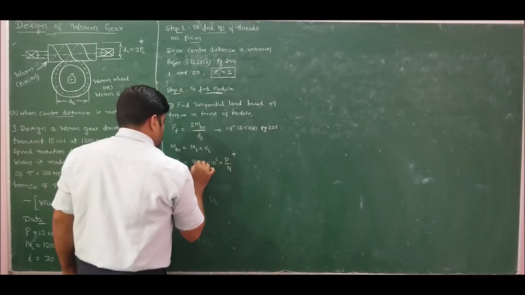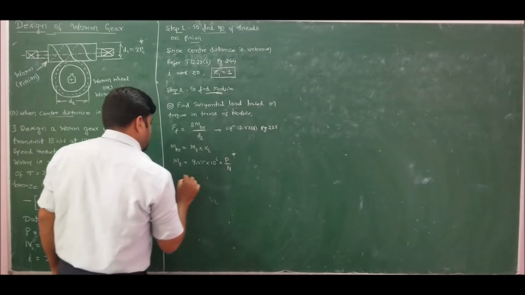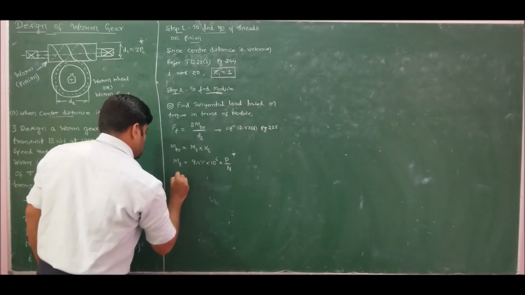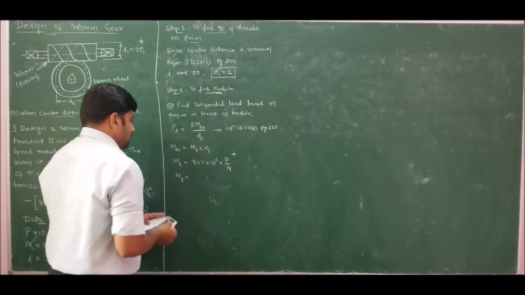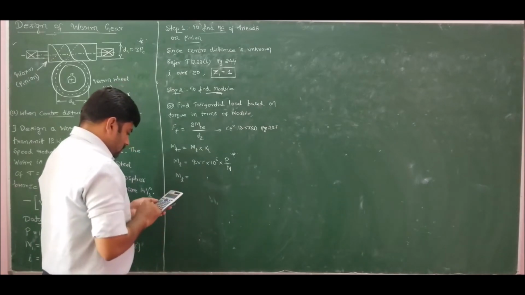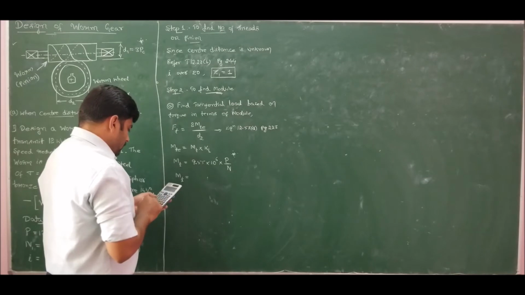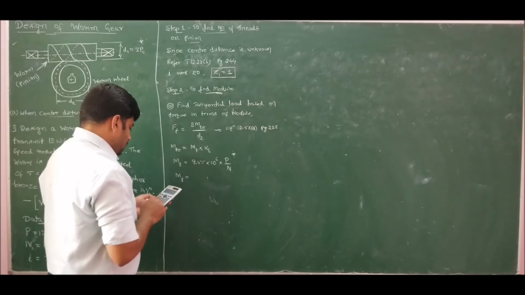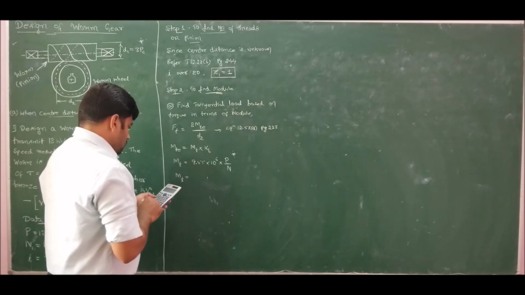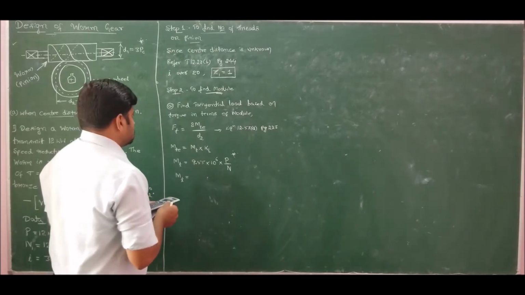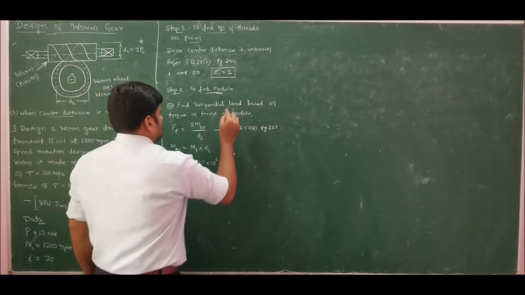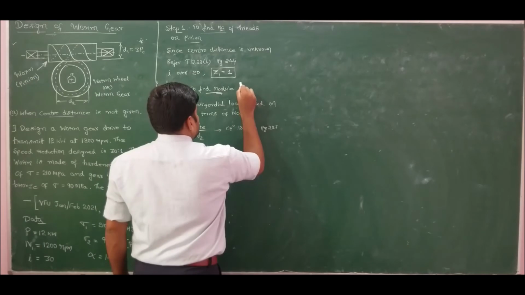Now if I substitute and solve, I will get MT as 9.55 into 10 to the power of 6 into power to be transmitted, 12 kilowatts, divided by N2. I don't know N2, because we should always design for the worm gear.